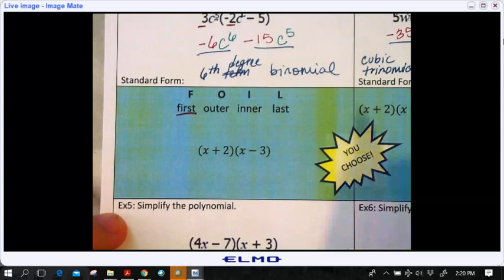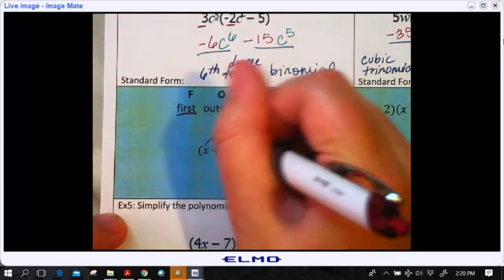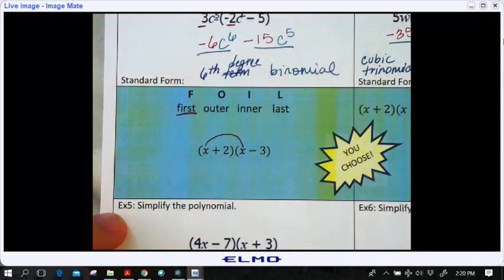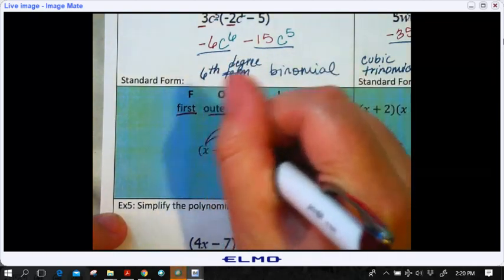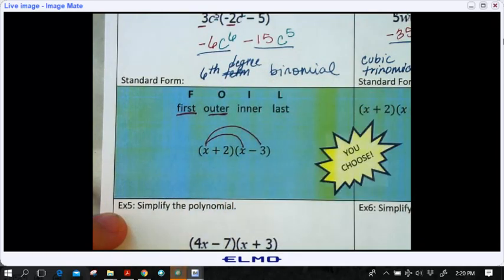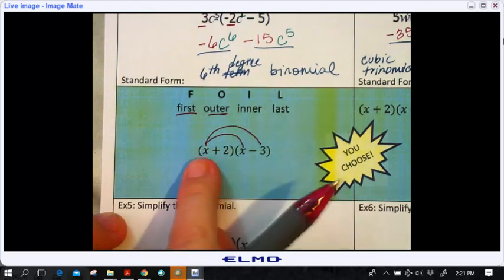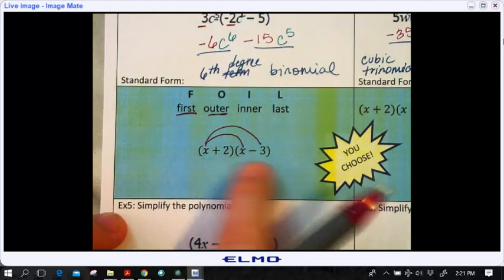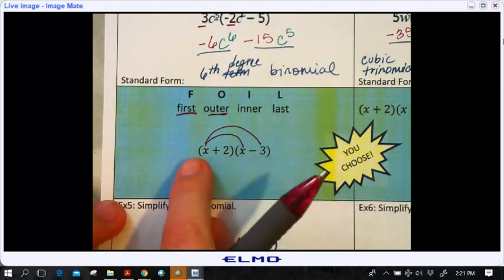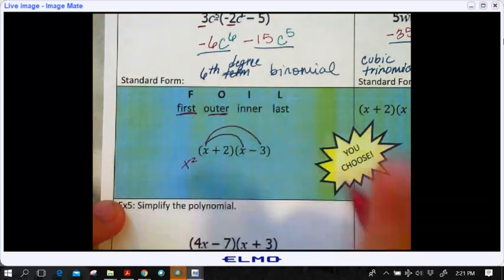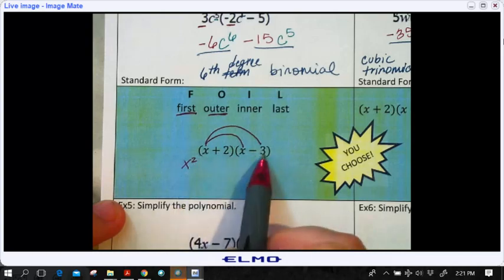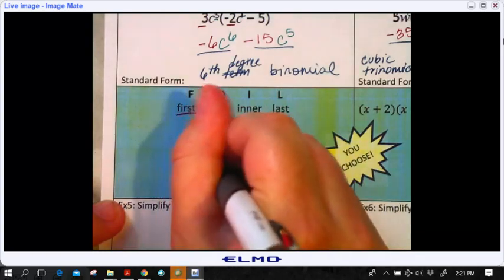So I'm going to multiply that to the first term in the second binomial. And then I'm going to multiply that same first term by the second part of the other binomial. So really, I'm just taking this x and multiplying it with each of the parts in here. So this is x times x, which is x squared, and x times negative 3, which is negative 3x.